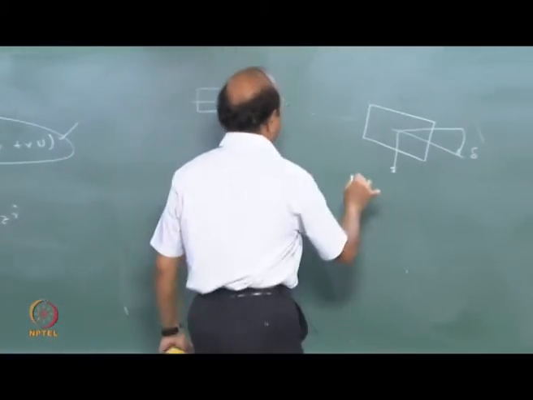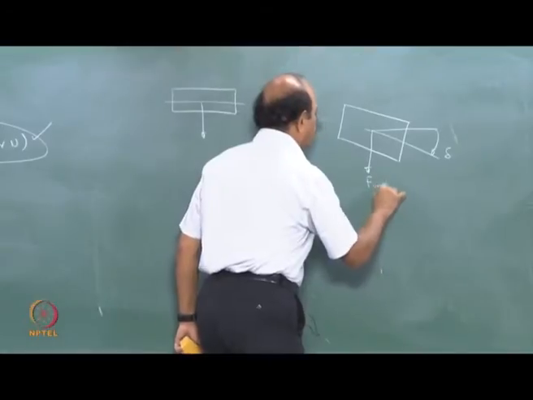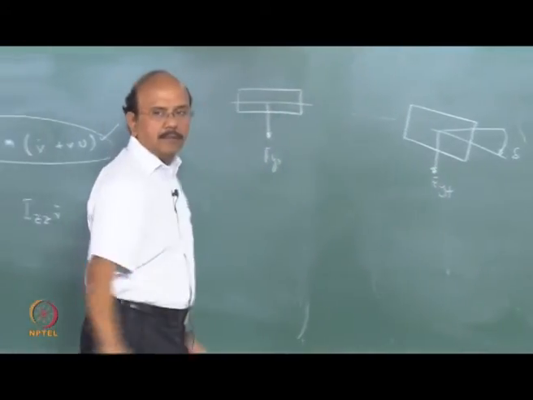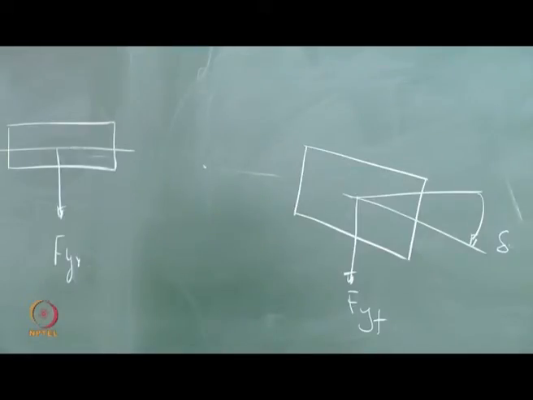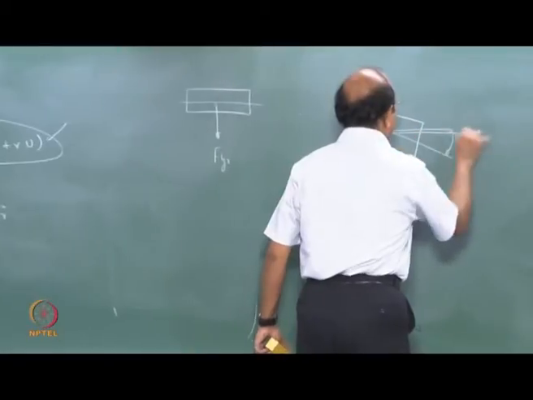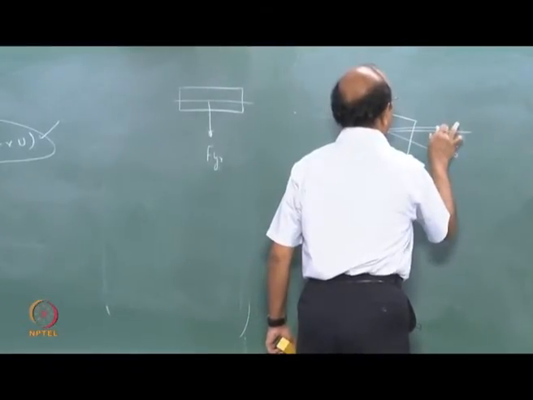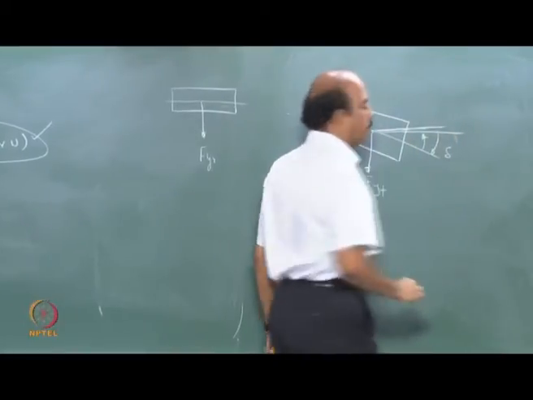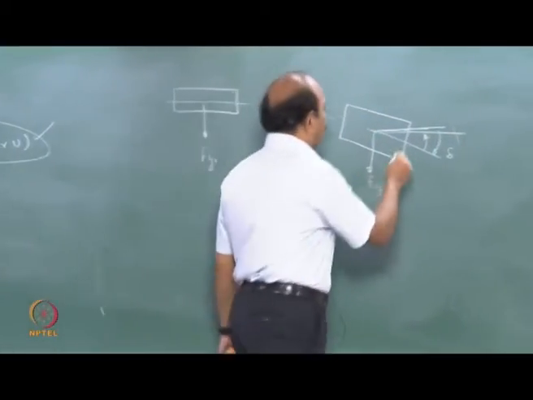So that's the Fy in the front, and this is the Fy at the rear. So how is it generated? By slip angle. And what is the slip angle? That is the slip angle. Slip angle is alpha.